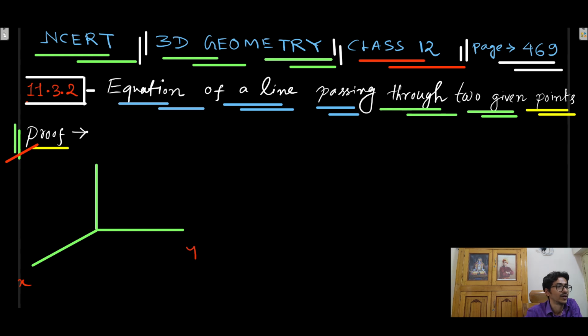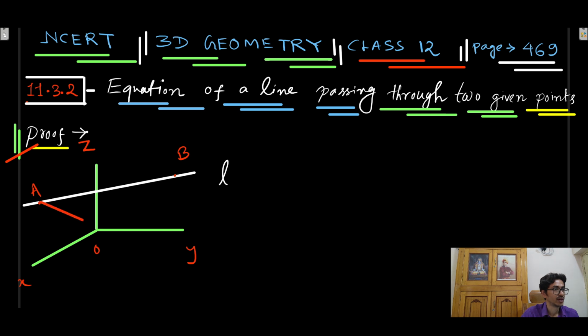This is the x-axis, this is the y-axis, this is the z-axis. This is the origin. Say this is the line whose equation we are going to find, say L. Let two points be given, say A and B, on this line L. Let this be point A and this be point B, whose position vectors are given with respect to the origin.